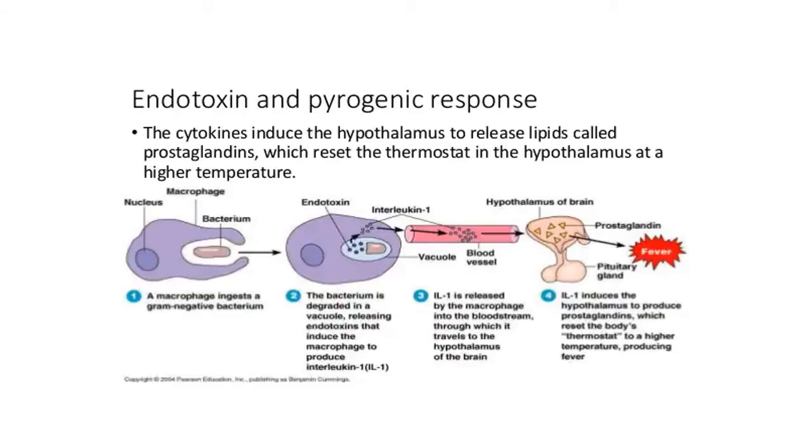So all these cytokines produce fever and inflammation and activation of the immune system, the T cells and B cells. So remember, first the endotoxin activates the macrophages, which produce the acute phase cytokines, and again they call the immune system, that is the T cells and the B cells, for help.